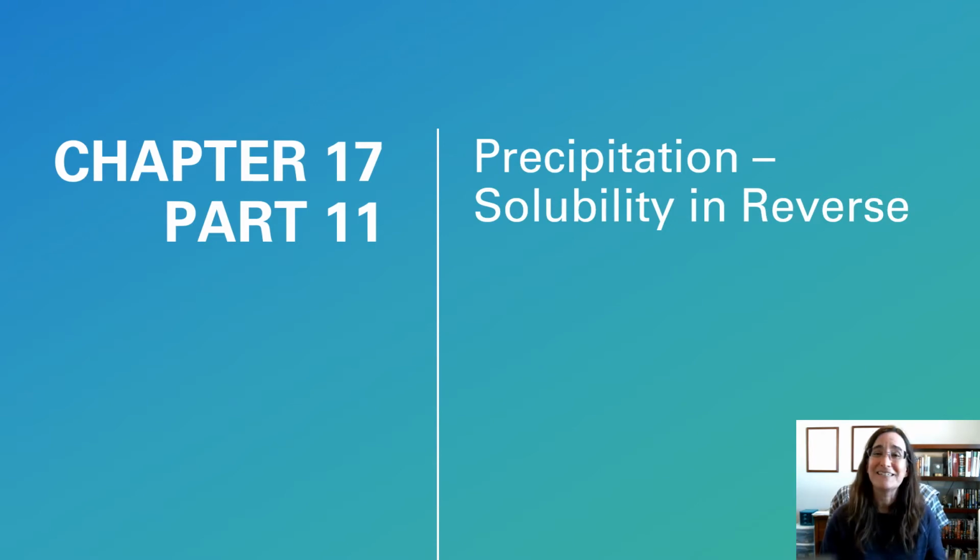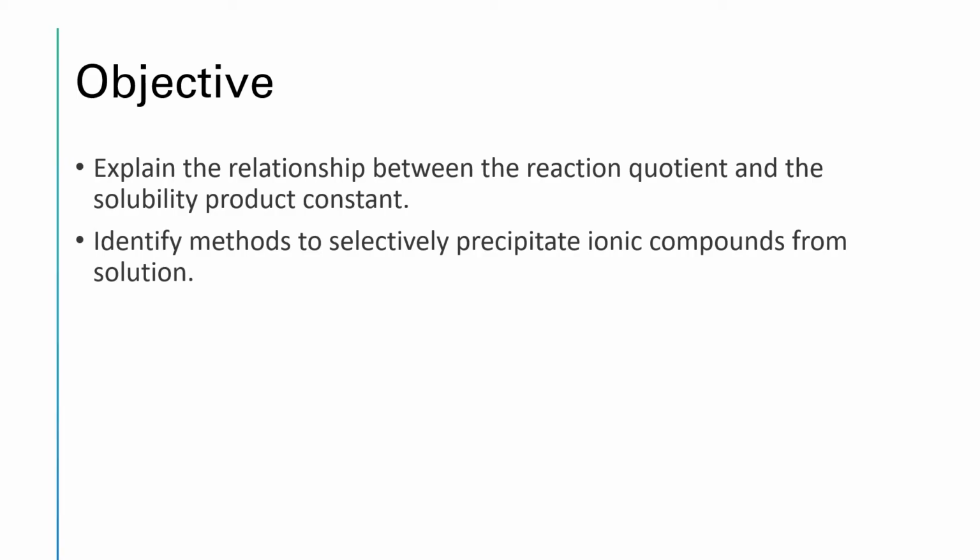All right, so let's take a look at some concrete examples. Our objectives are to look at this relationship between the reaction quotient Q and the solubility product constant, KSP, and then to see if we can use some of these ideas in order to selectively precipitate a particular ion out of a solution.